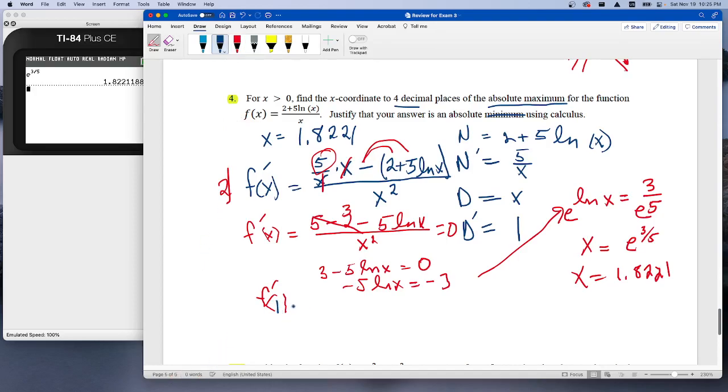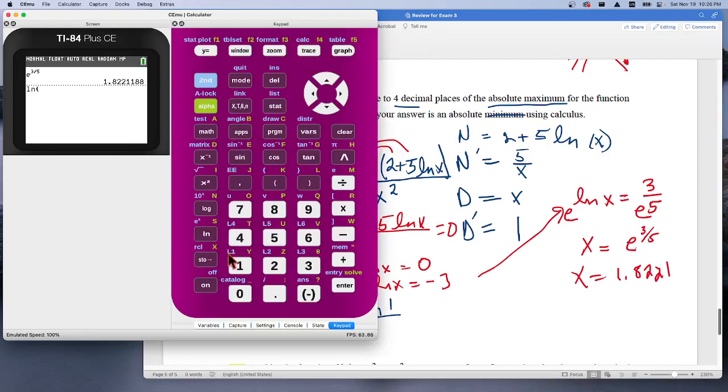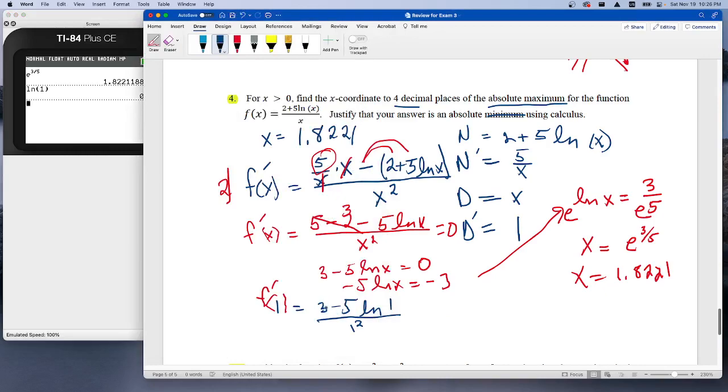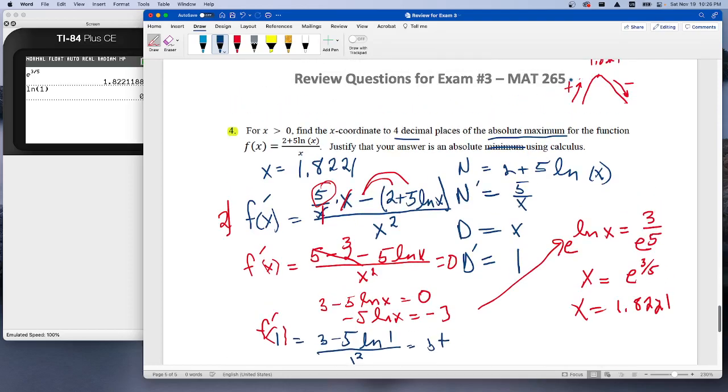So I'm going to do f prime of 1, which would equal 3 minus 5 natural log of 1 over 1 squared. Natural log of 1 is 0, right? Let's just verify that. It is indeed. So we get 3 over 1, which is a positive value. And again, that's what we were hoping for or expecting. So we're increasing there.